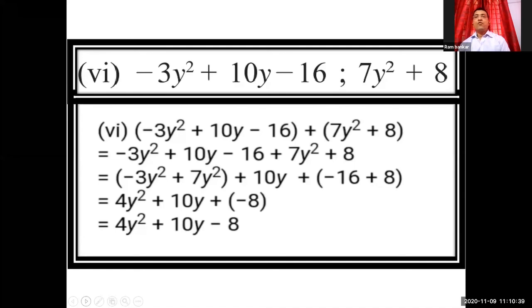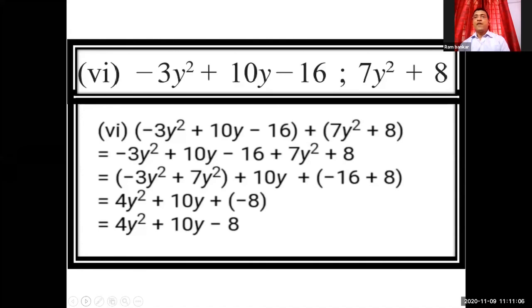Second last, 4y square is the answer of minus 3 plus 7. What we have to do here? Minus is there. Why? Because negative number and positive number, there will be negative answer. Put the sign of the big number. Minus 3 and plus 7, answer is 4y square.